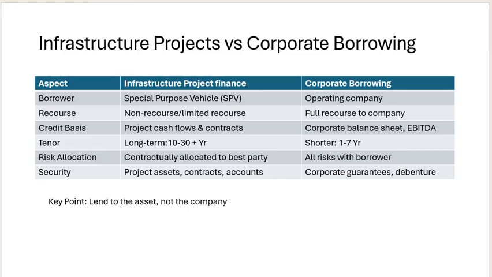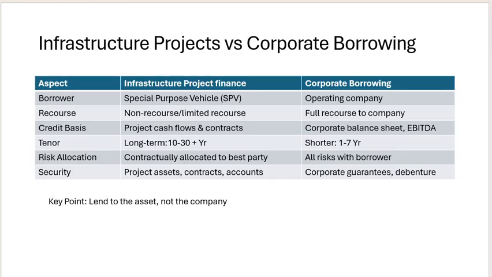Then corporate borrowing is for an operating company. The company operates and requires borrowings for its progression, so it can go and borrow through corporate borrowing, and that will impact its balance sheet. It is recourse financing.